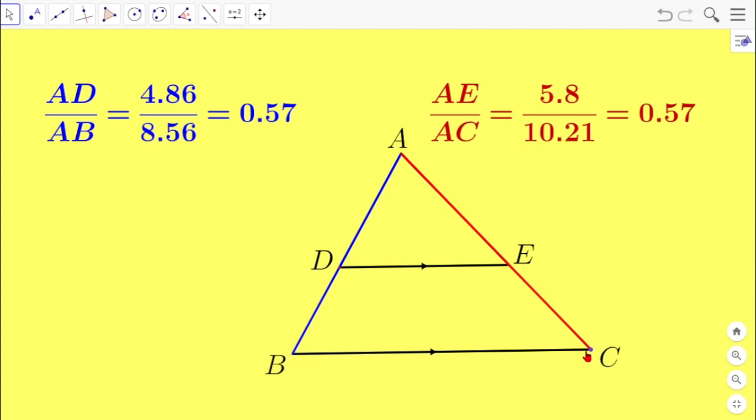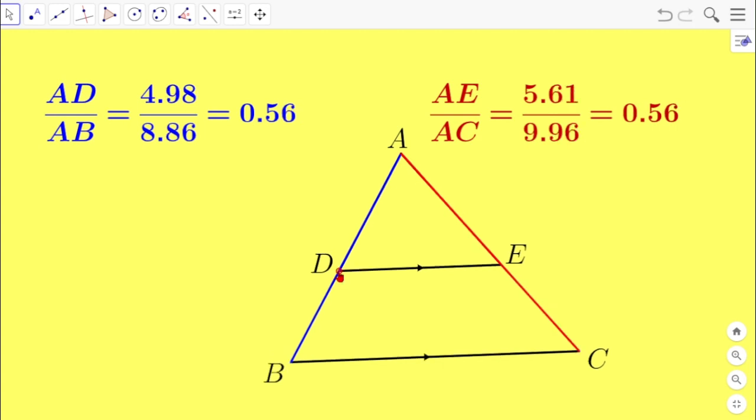And we can move the line DE, and we see that AC and AB are not changing. What's changing is the top, AD and AE, but the ratios in the end remain equal still, no matter where I put the line DE.